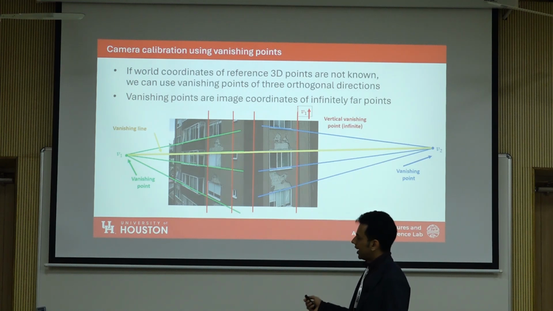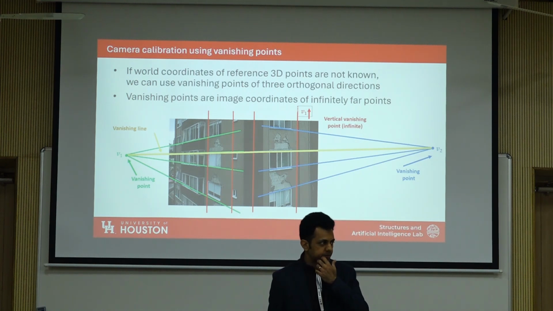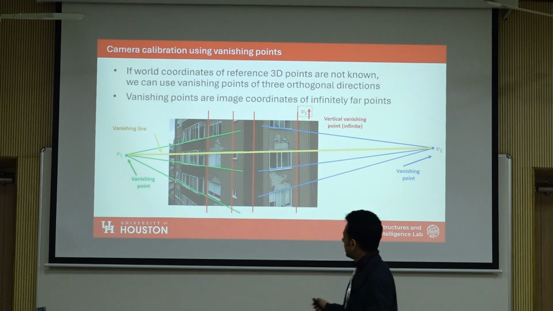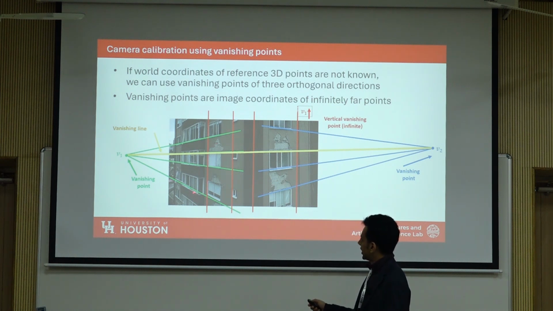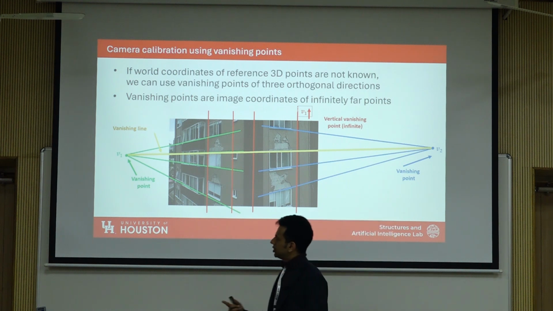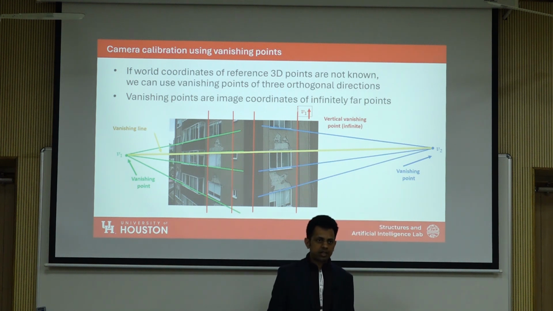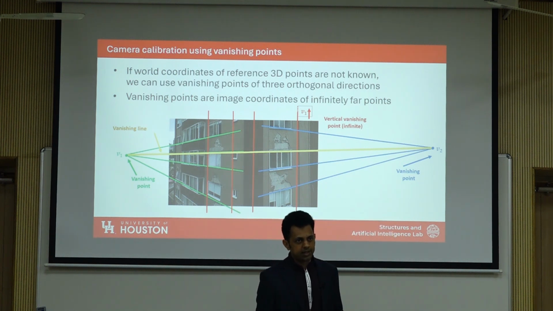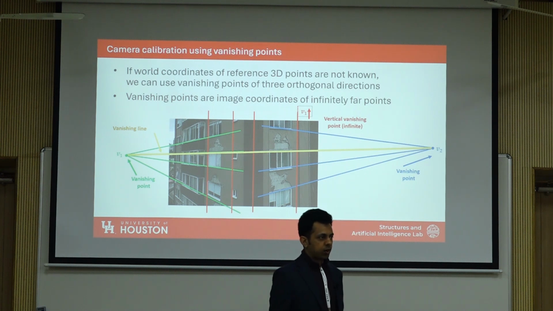But these parallel lines are not parallel in the image. And that means that they're going to intersect at some point. So the point at which parallel lines in the real world intersect in the image plane are called vanishing points.